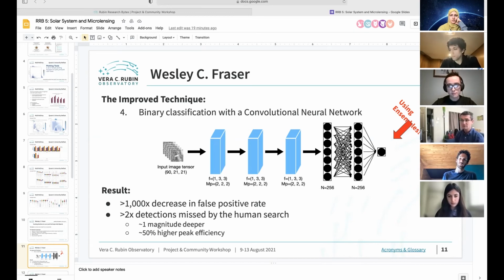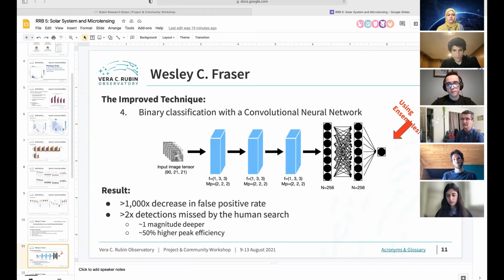And when you do this well, we found a 3 order of magnitude decrease in the false positive rate, which was astonishing. It basically took the problem from intractable to totally doable by a human. Now I can search an entire night's worth of Hyper Suprime-Cam data in a few hours by eye.